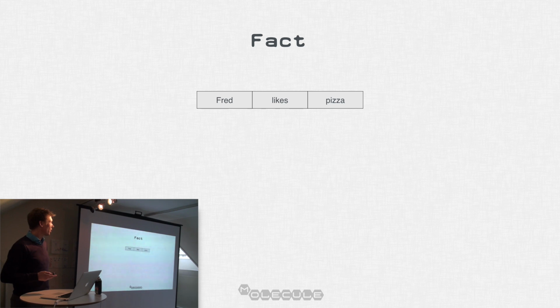Then we have an entity and some attribute with some value. So the entity is Fred. It could be a house, a company, or whatever. And there's some attribute or property of that entity. And then that property has a value.